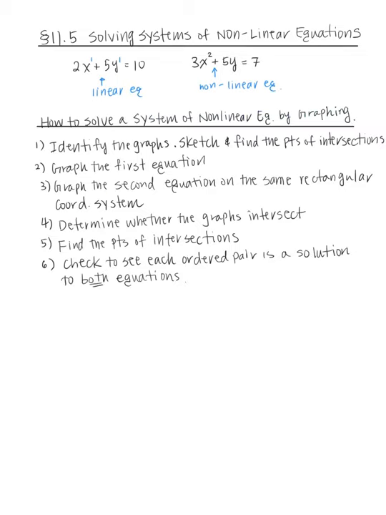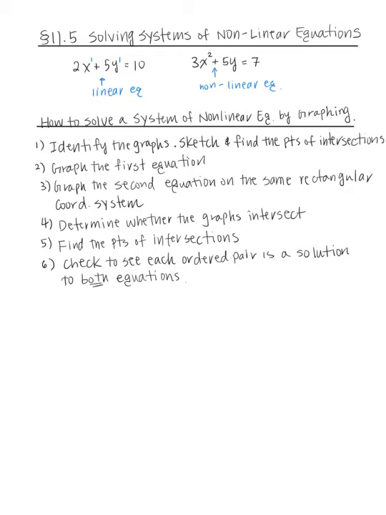Here are the steps to solve a system of equations by graphing. Step 1, identify the graphs. Sketch and find the points of intersection, if they even intersect. Step 2, graph the first equation. Step 3, graph the second equation on the same rectangular coordinate system, meaning on the same graphing paper.